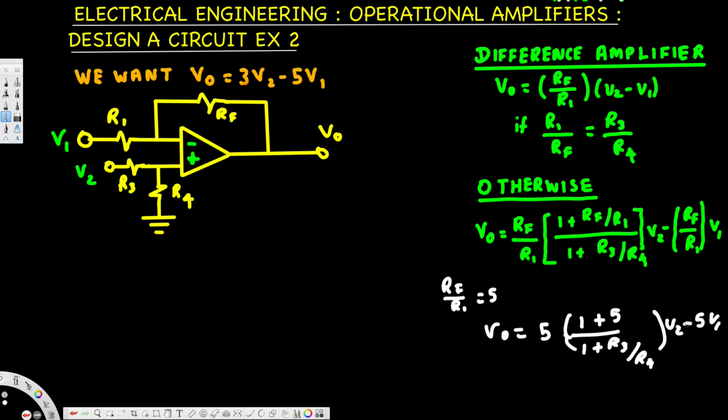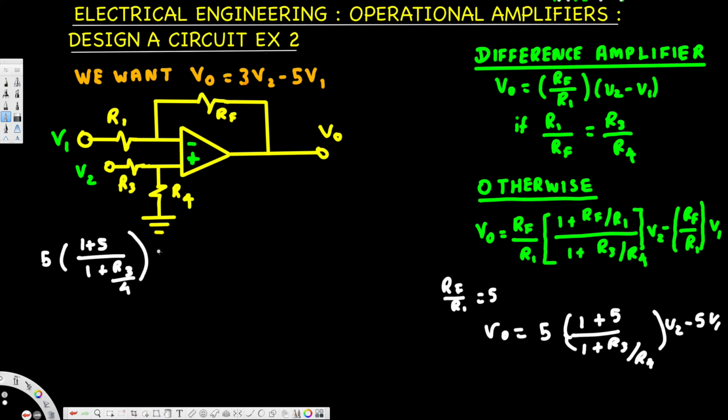So we found this ratio 5, and now for R3 over R4, we want this whole thing multiplied by V2, the coefficient of V2, to be 3. To derive that, we can equate 5 times (1 plus 5) divided by (1 plus R3 over R4) to 3. We can forget about V2 for now.